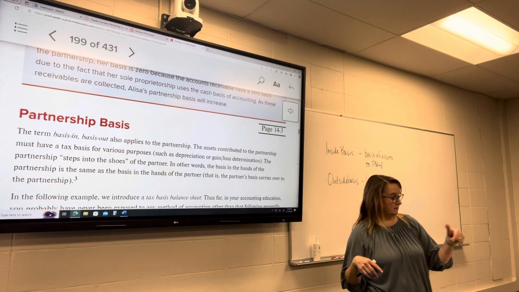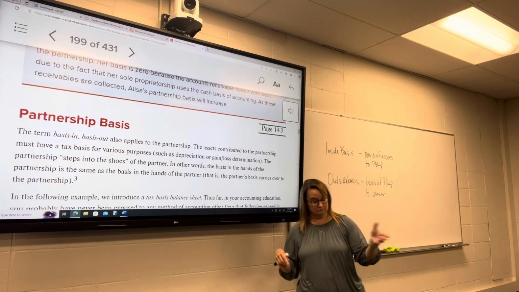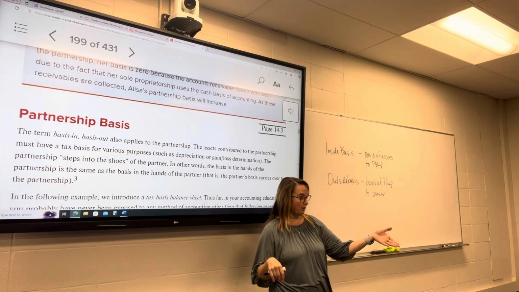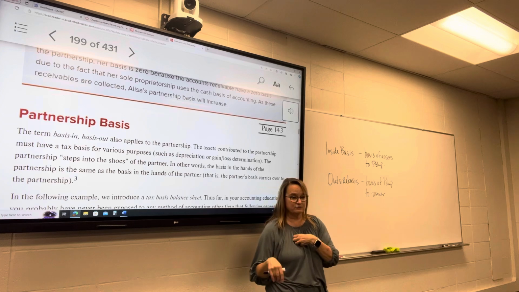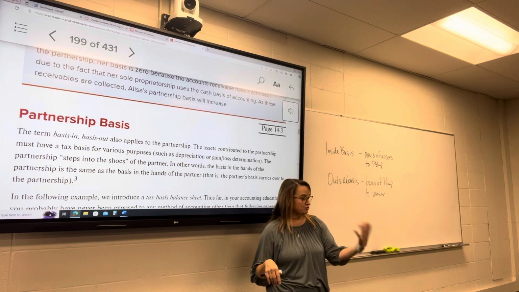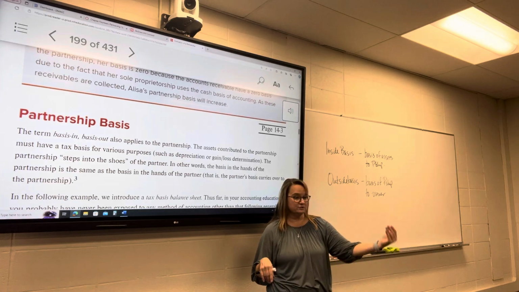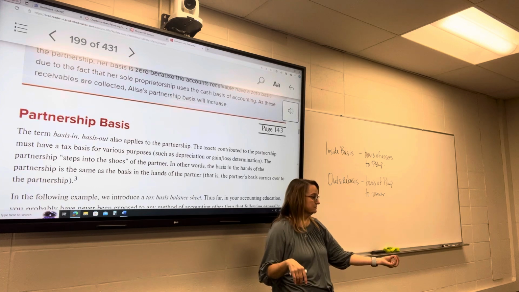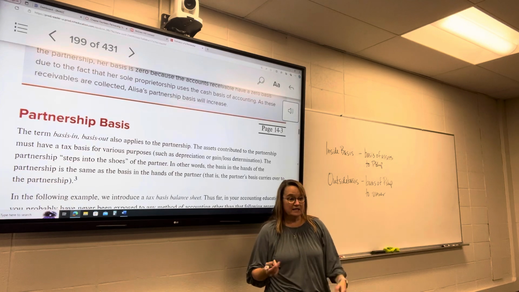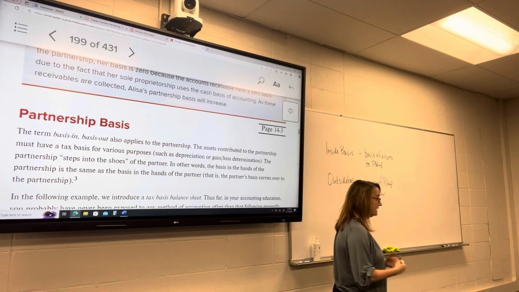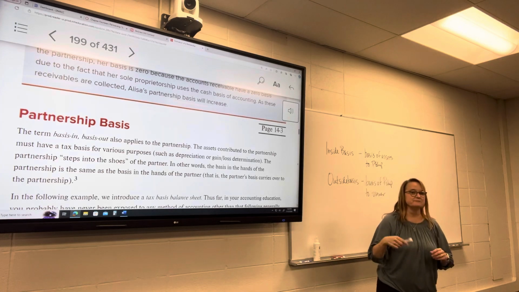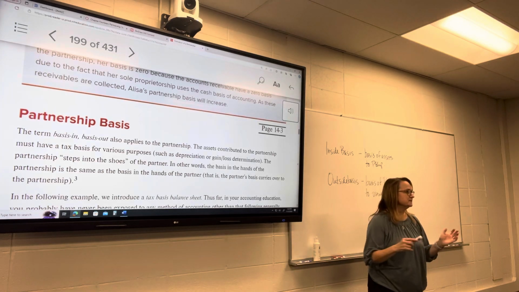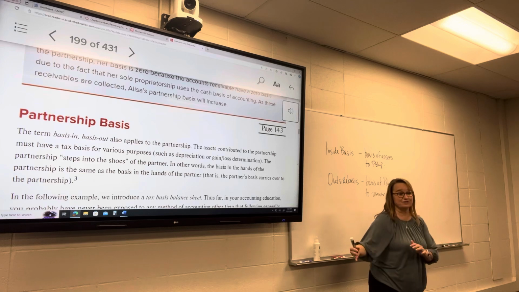So my truck that I contributed to the partnership had a basis of $1,000 to me. I contributed it. Now the partnership has a truck with a basis of $1,000. Same thing, you step into the basis. The partnership steps into the basis. They also step into the depreciation schedule.